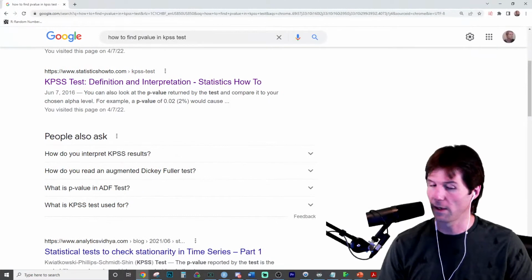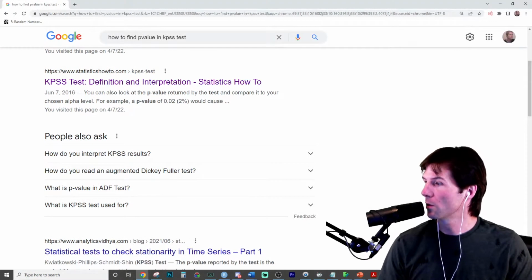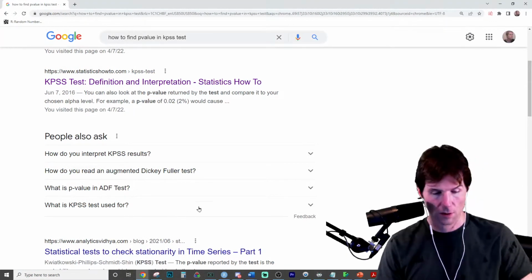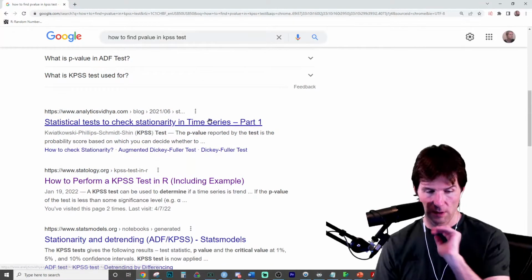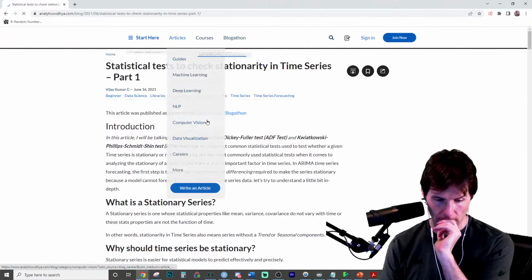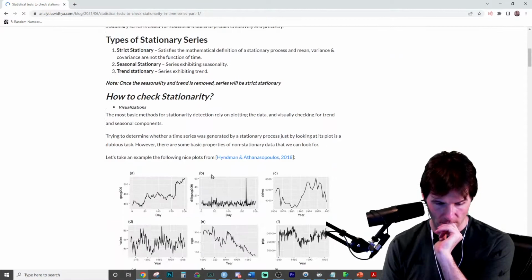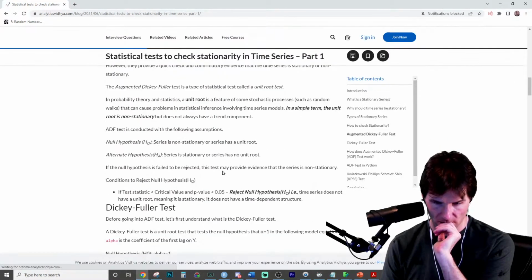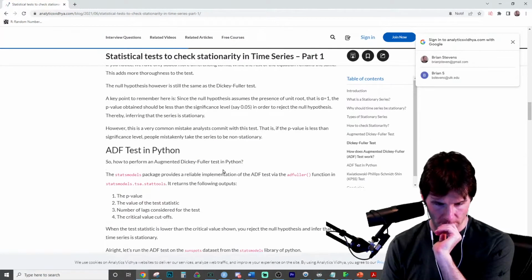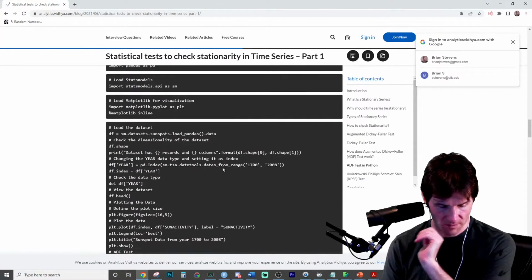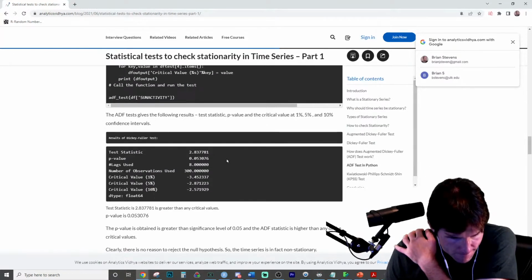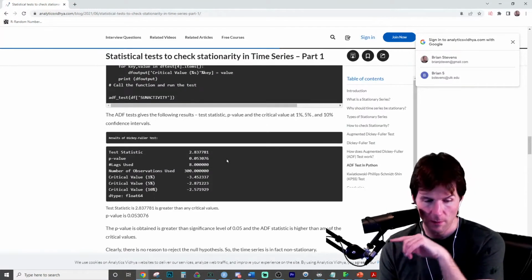Just trying to find the p-value here. Statistical test check for the stationary time series. Looks like somewhere right here.